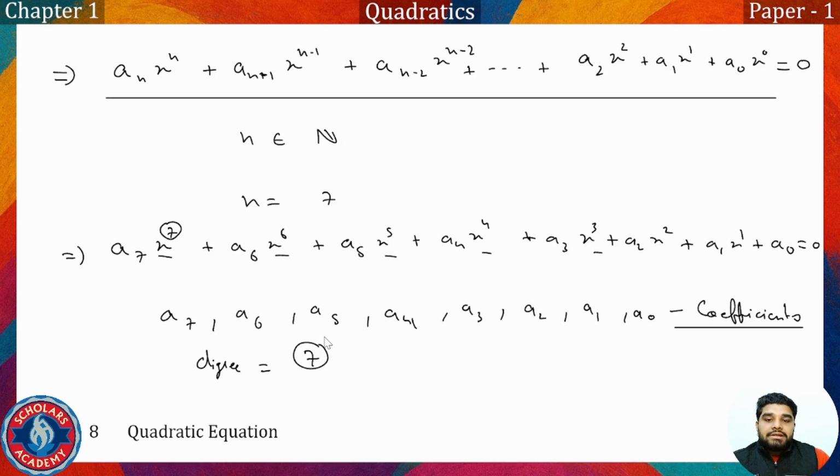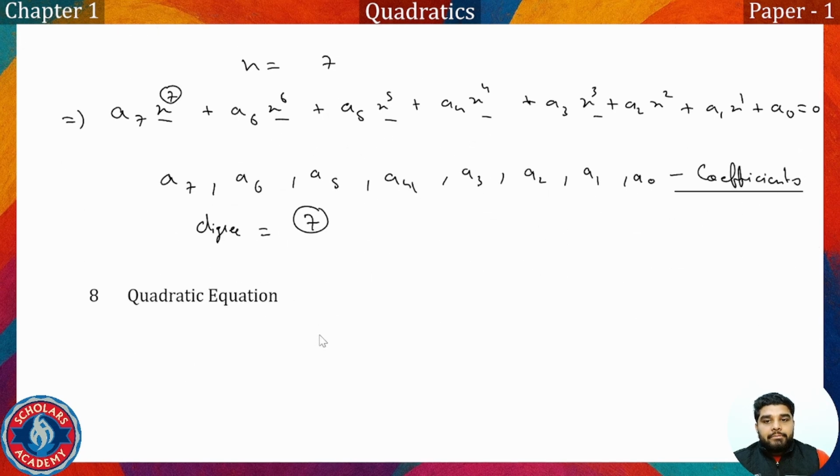Now we have some particular types of polynomial equations, mainly because the chapter is quadratics, so we'll study that. If we take n equal to 2, okay, this gives us a quadratic equation.